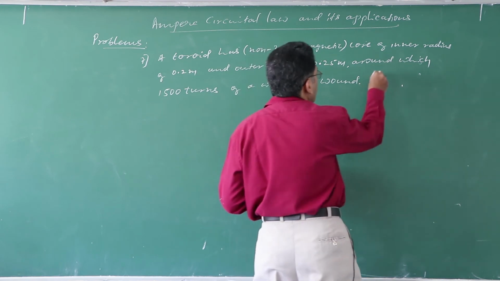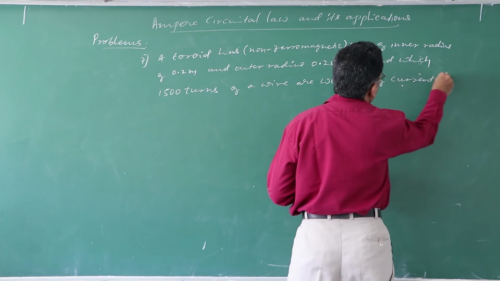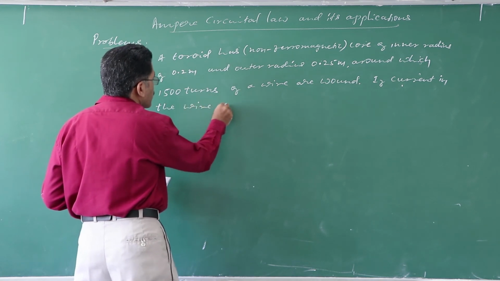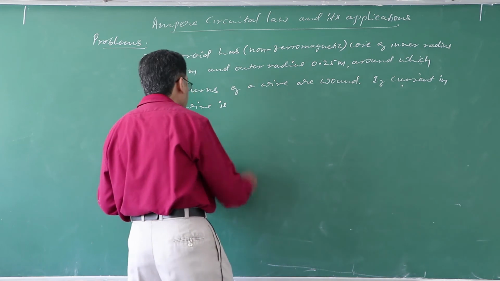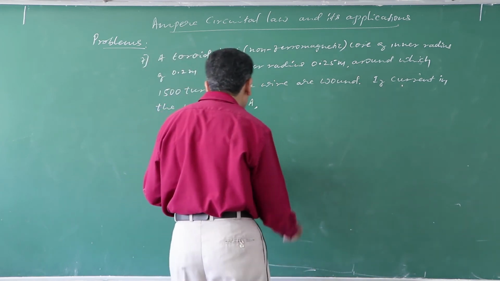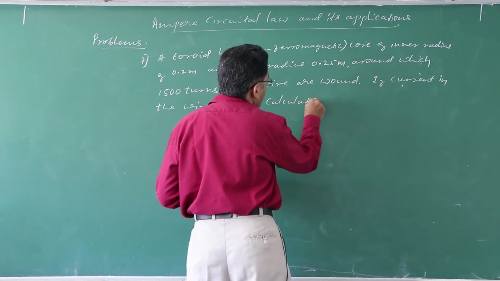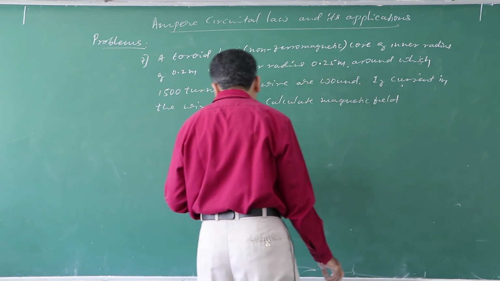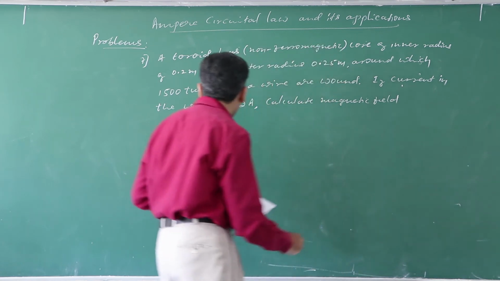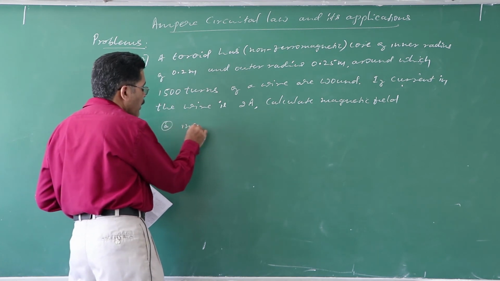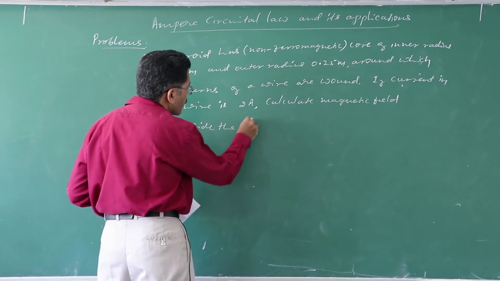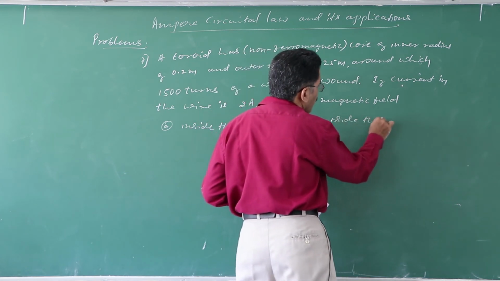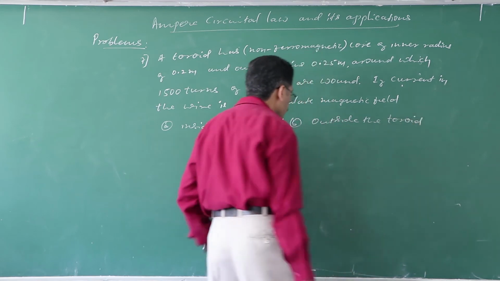If the current in the wire is 2 ampere, calculate the magnetic field inside the toroid and outside the toroid.